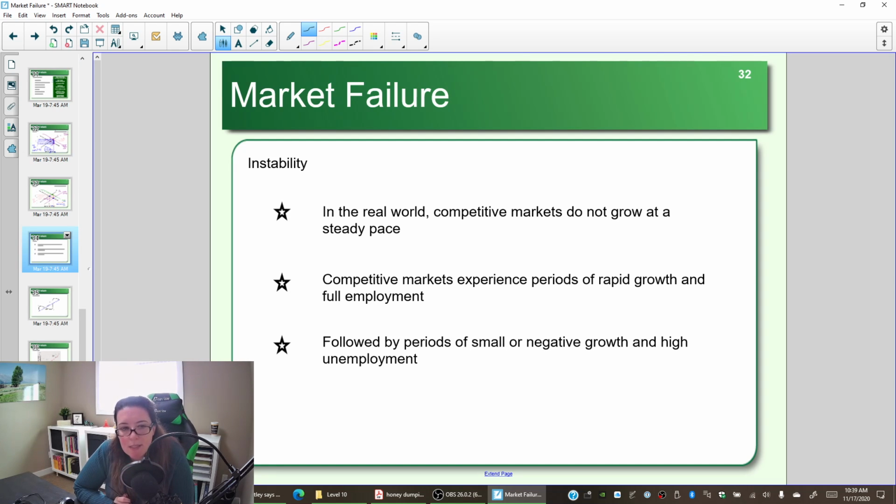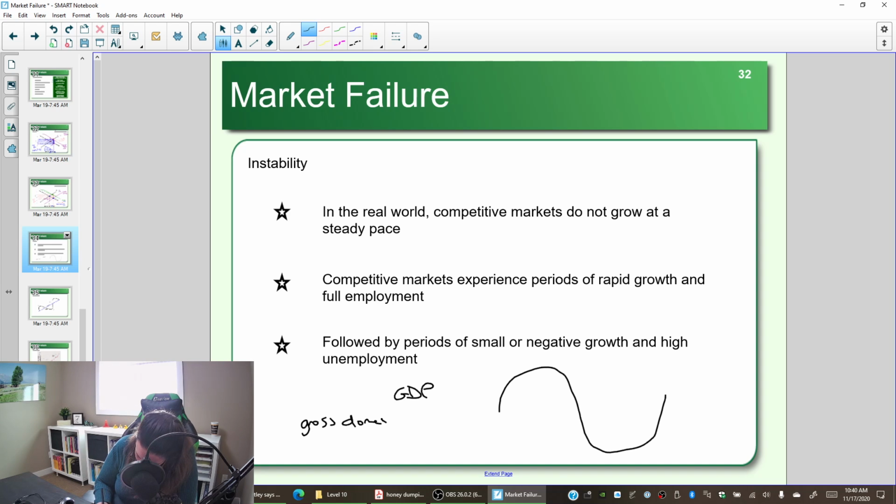When we talk about instability in the market, we're talking about our business cycles. When we look at our GDP, gross domestic product, this is the total value of all final goods and services produced in an economy in a year.